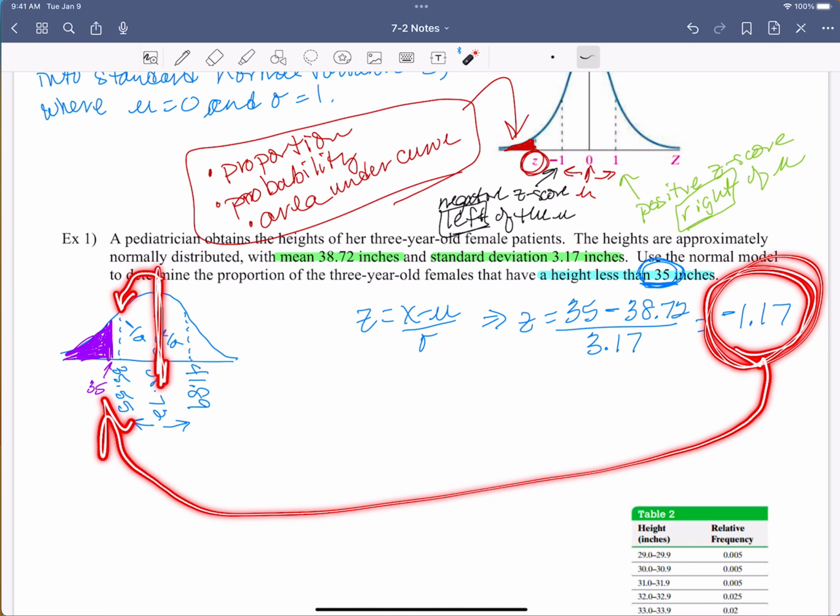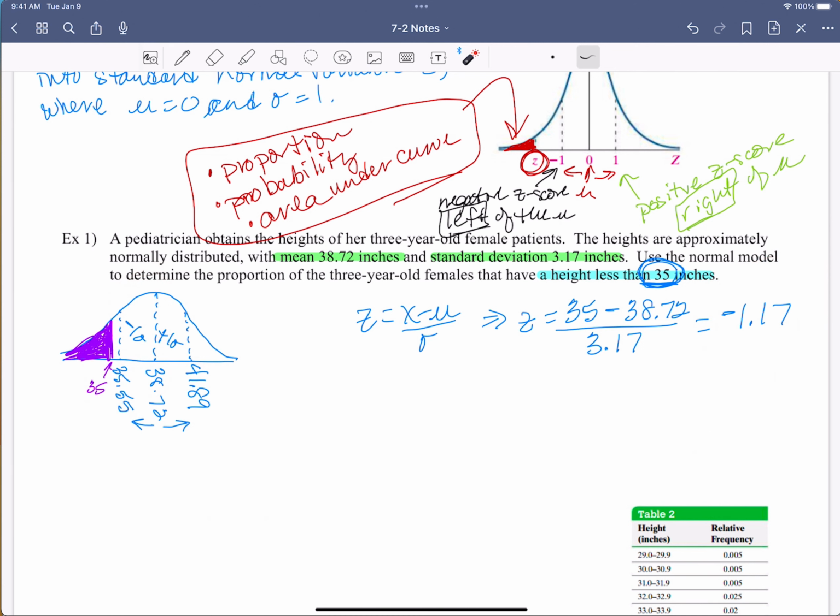Here is one standard deviation, and we know it's just a little past based on our numbers. Does it make sense that this is to the left 1.17 standard deviations? That's what that actually means. This means to the left 1.17 standard deviations.